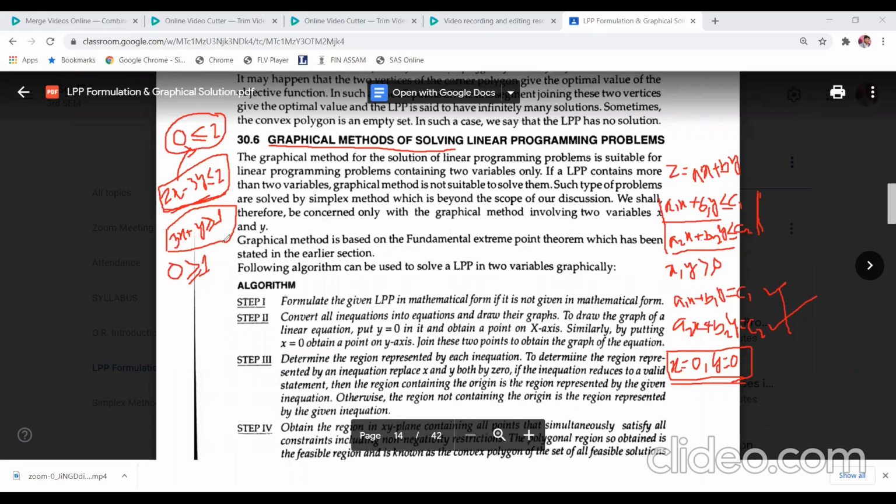Try to understand: after getting the common region, that means the feasible region, you need to find each corner point covering this common region. Then you find the coordinates of each corner point. In the next step, you need to find the value of the objective function Z at each and every corner point surrounding the common region.